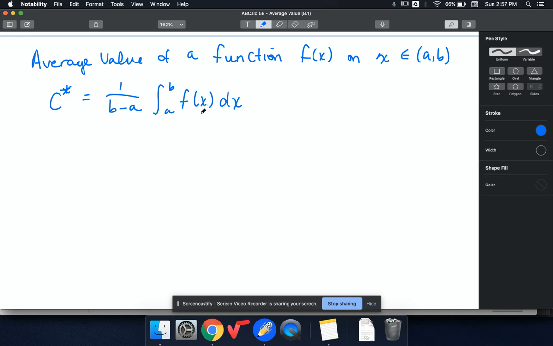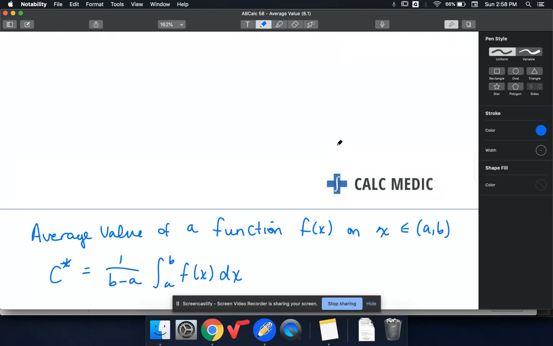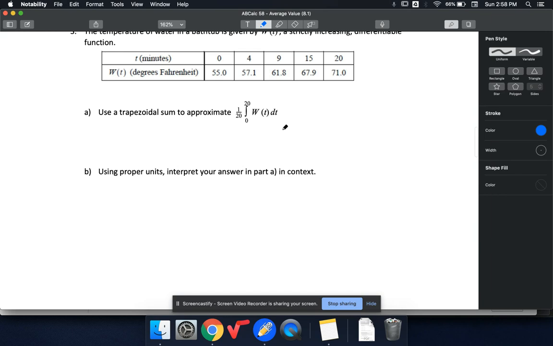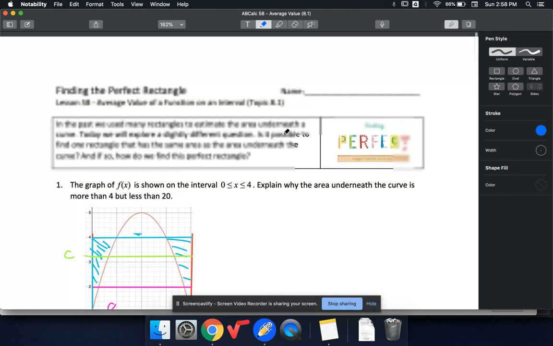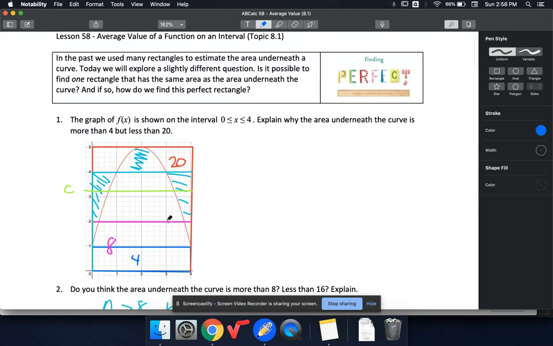Notice this f of x function, the only thing that we need it to be is, it doesn't have to be totally concave down like we had up here. That's not necessary.